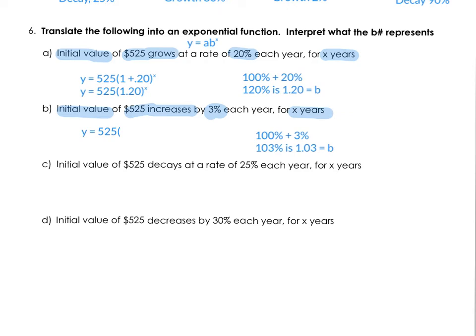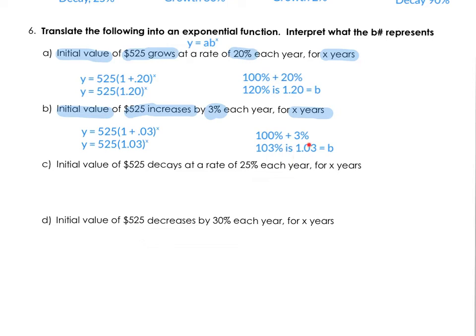You would now take the B and put it right in for the B in the original equation that I was trying to write. Or if you want to do the decimal that I was saying, maybe you feel like you already know the decimal, you could put the 1 plus 0.03 raised to the x power, and then convert that by adding the 1 plus 0.03, and your answer will look the same as what we would have had automatically from writing the percent over here.